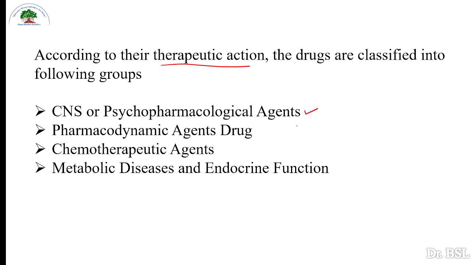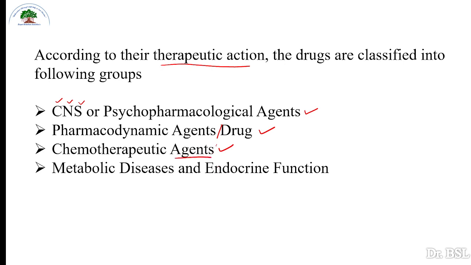psychopharmacological agent, that is, central nervous system agents or psychopharmacological agents. Then pharmacodynamic agents or drugs. Then third one, chemotherapeutic agents or drugs.